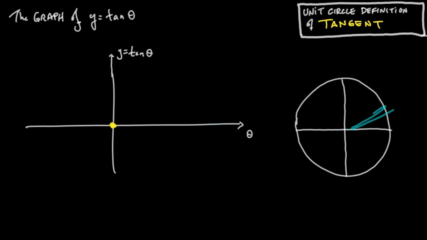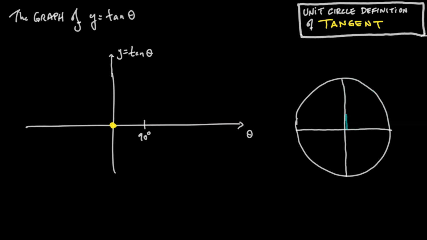Now, as we increase theta from 0 up to 90 degrees, what happens to the slope, which is, of course, the tangent? Well, the slope starts increasing, increases more. By the time we get to 45 degrees, the slope is 1, and then it really starts taking off. Somewhere it's 5, somewhere it's 10, and we are rapidly approaching a vertical line, which has no slope, or it has an infinite slope, right?